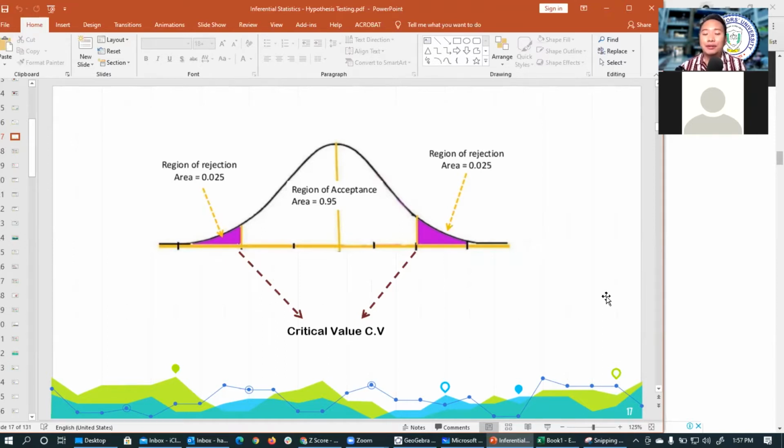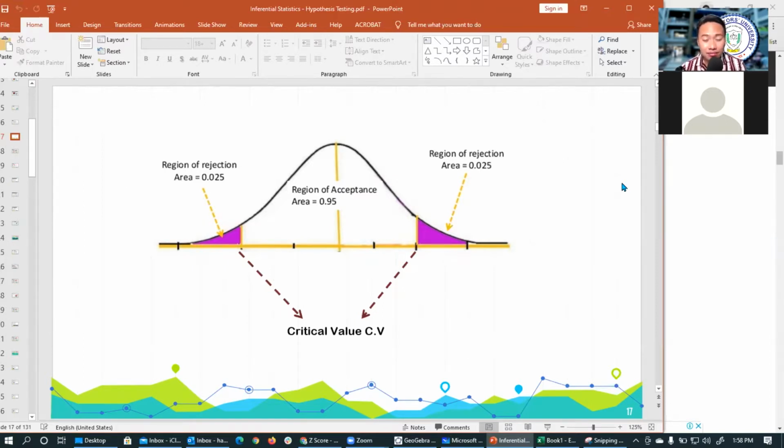So let's say, for example, the value that you have solved as your test statistic using hypothesis testing falls within the shaded area, then you are going to reject the null hypothesis. Okay? So again, if your test statistic falls within the shaded area, you're going to reject the null hypothesis. If your test statistic falls within the acceptance region or acceptance area, then you're going to accept the null hypothesis.